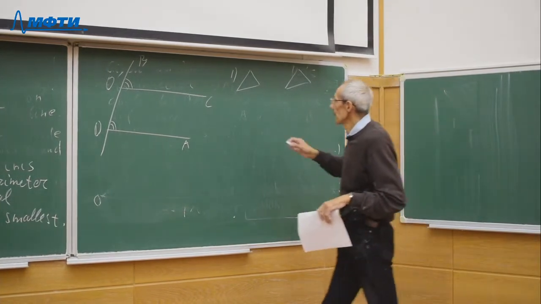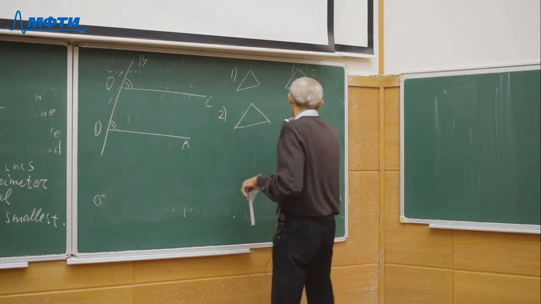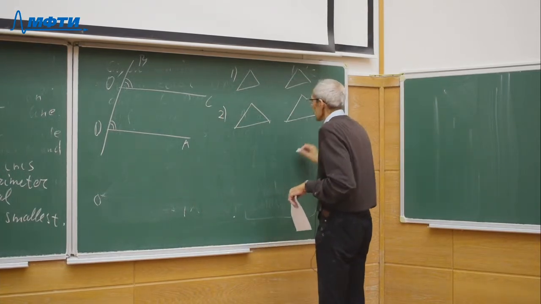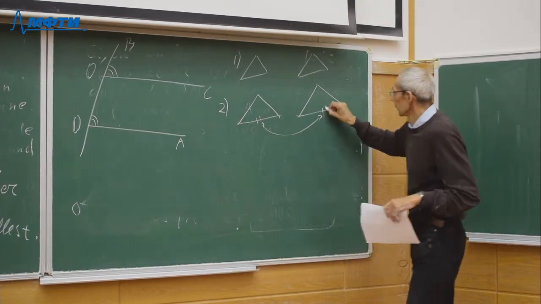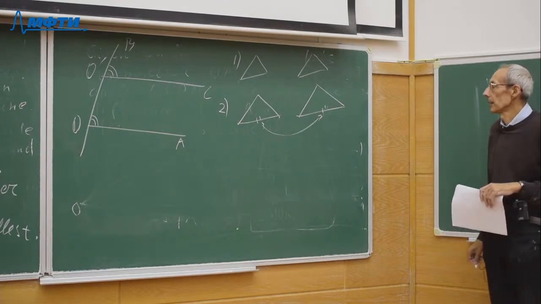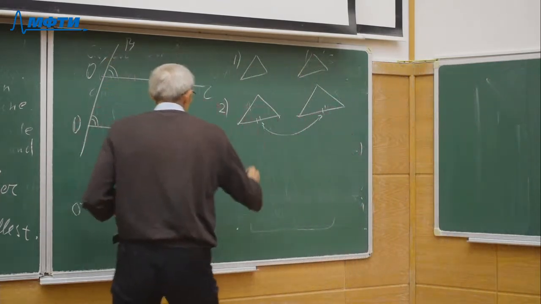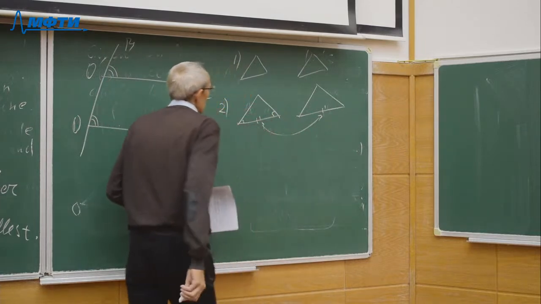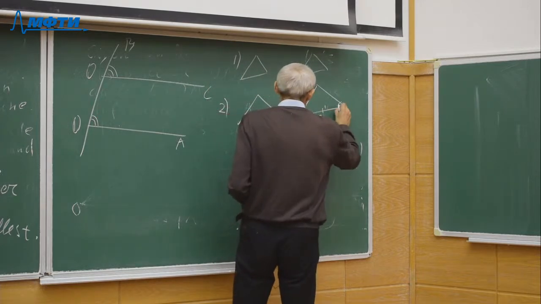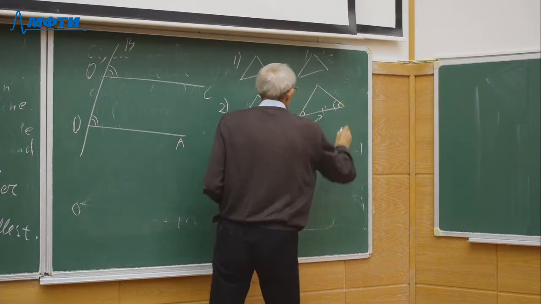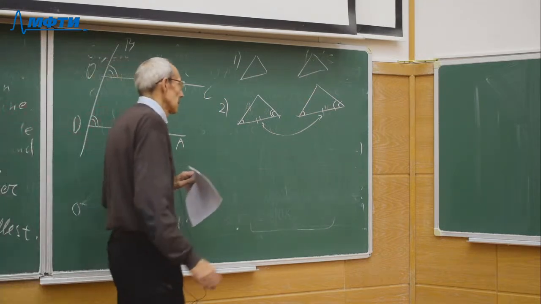Second, if two sides of these triangles are equal and the adjacent angles for these two triangles are also equal, the triangles are congruent.